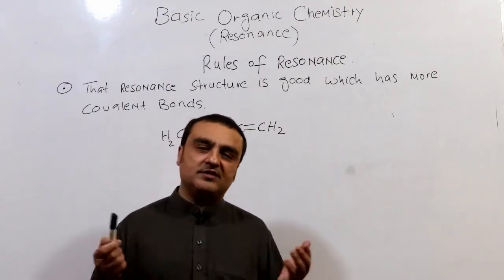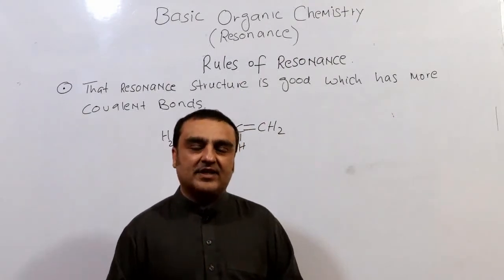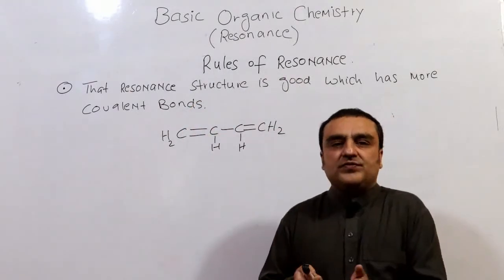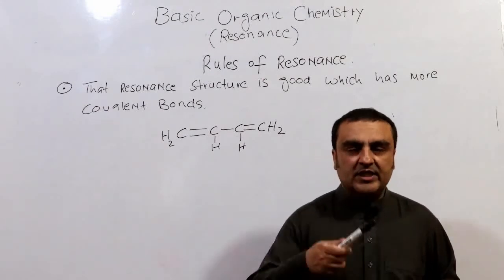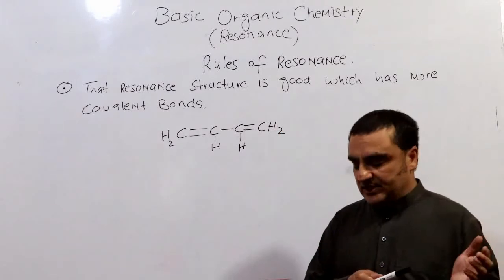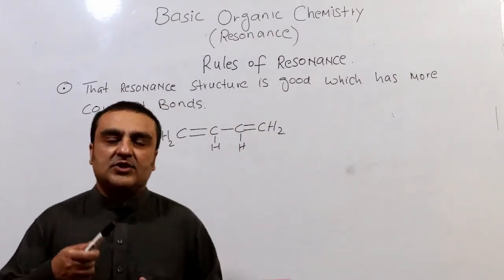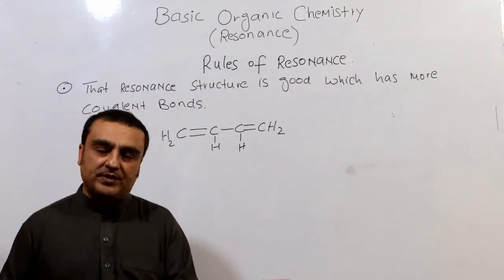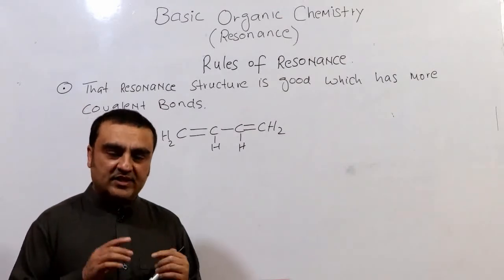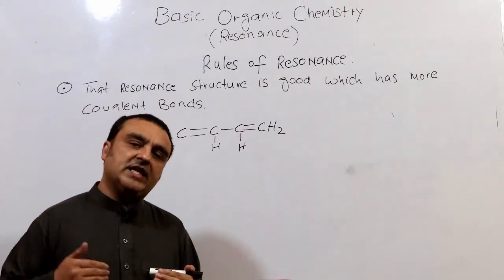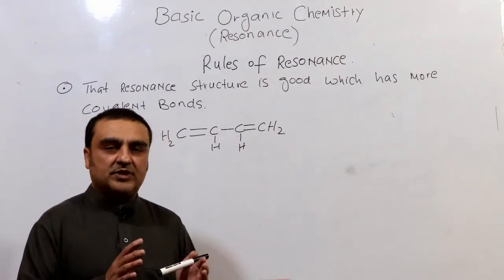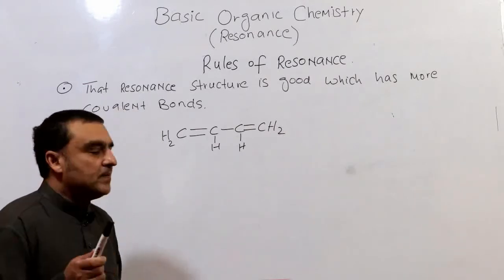Okay, so we are still studying resonance, and we are now studying the rules of resonance. These rules of resonance are very important. How are they important? They will help us to select which structure is most important among the resonance forms, and that structure will lead us to the actual structure of the molecule and tell us about the reactivity of the molecule.